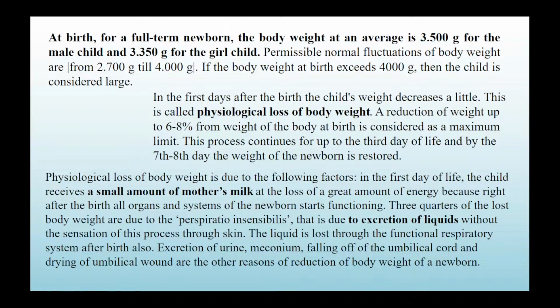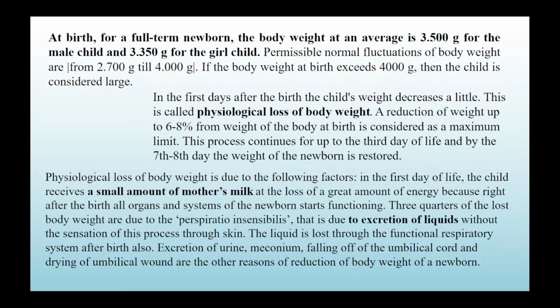Describe some parameters of the body at birth. At birth for a full-term newborn, the body weight on average is 3,500 grams for the male child and 3,350 grams for the girl child.